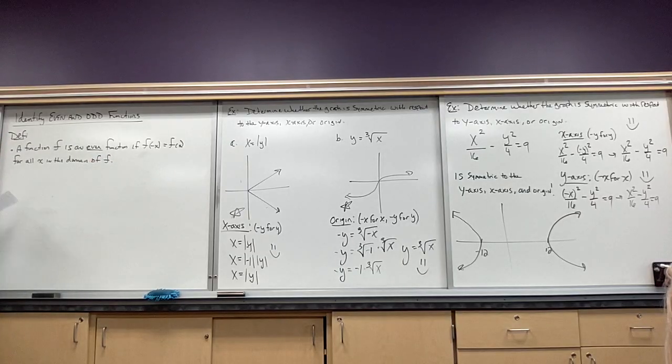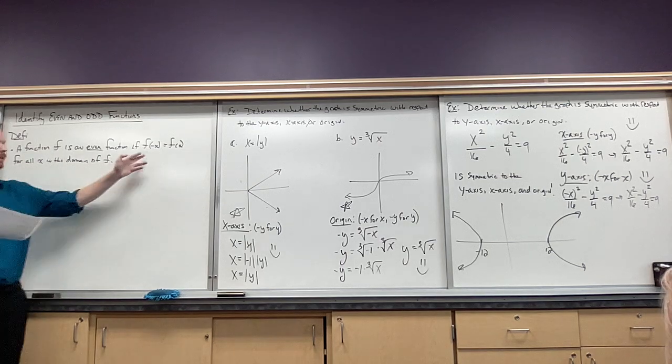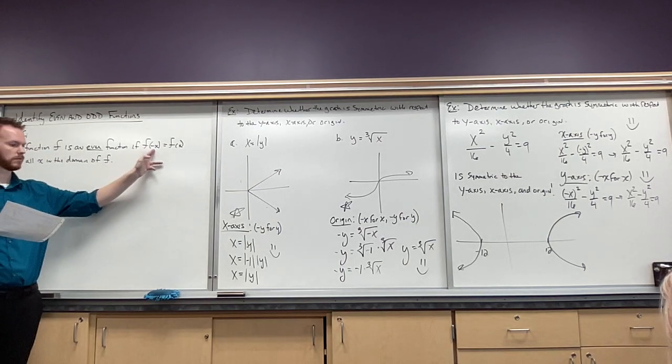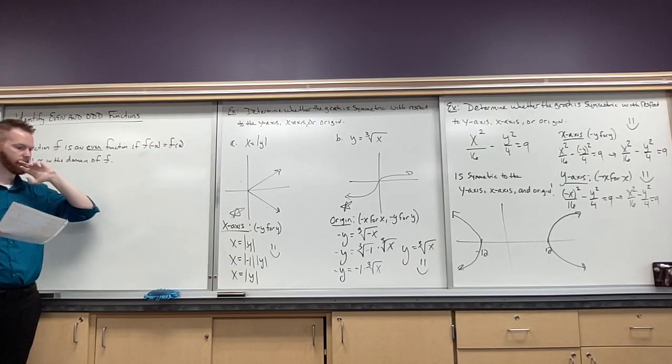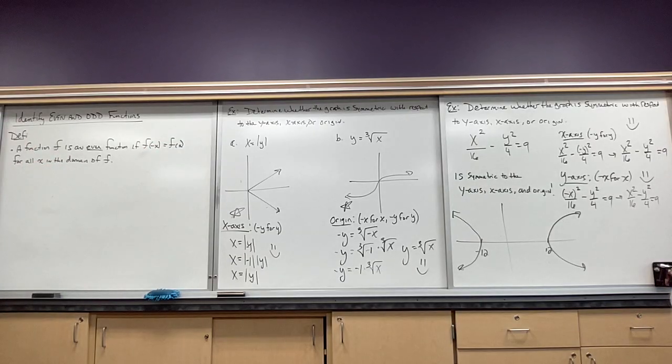Now, if that's the case, think about what this is saying. If I'm plugging in negative x, I'm still getting the same equation. Well, wouldn't that be y-axis symmetry? That's what we just described.